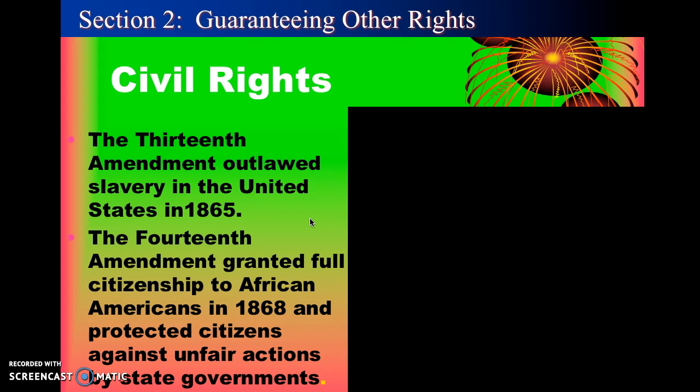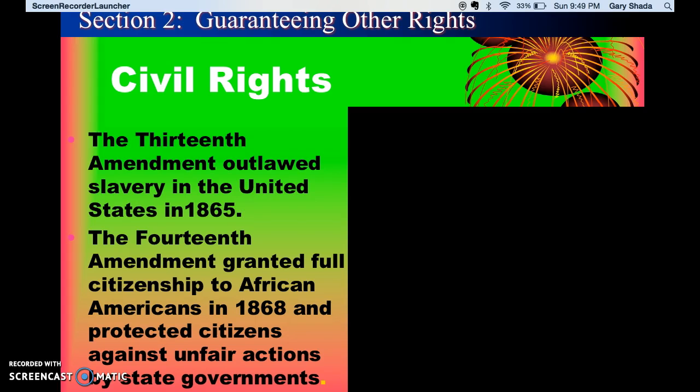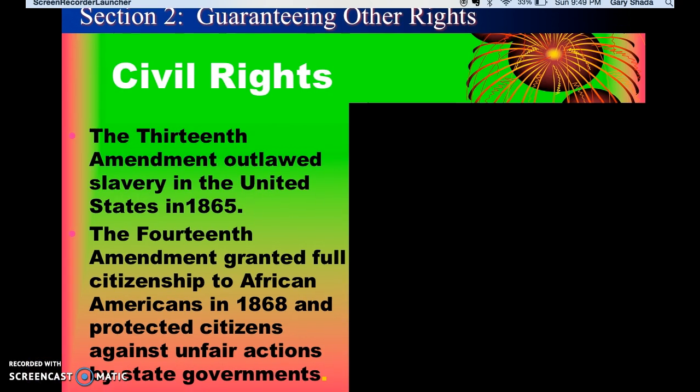But the 13th Amendment outlawed it, making it illegal. Well, okay, now slavery is no longer legal in the United States, but what you have to realize is there are literally millions of former slaves now. They're former slaves. Well, if they're no longer slaves, what exactly is their status here in the United States? How are they categorized?